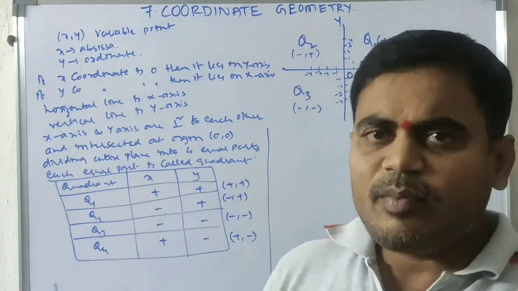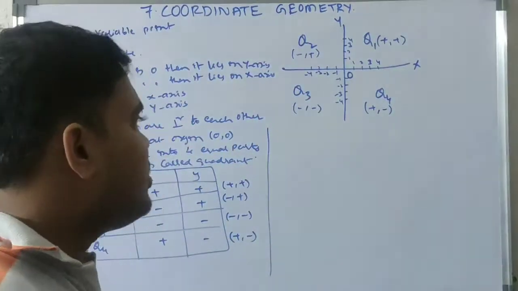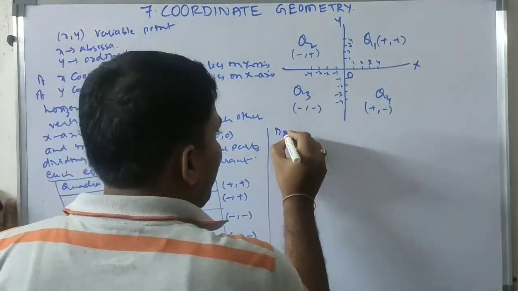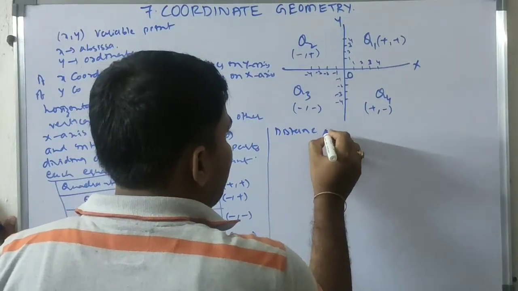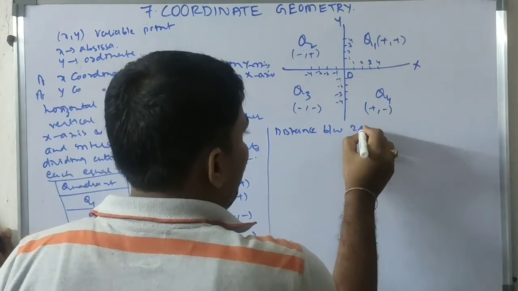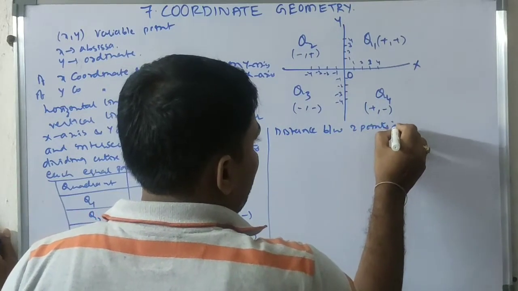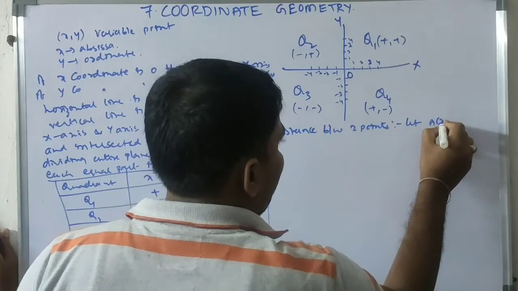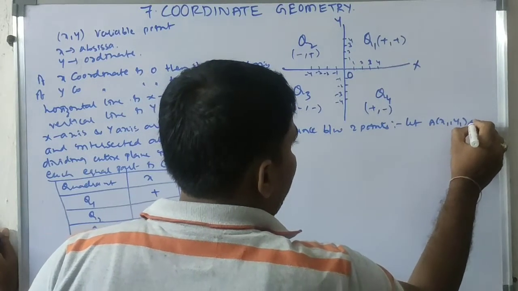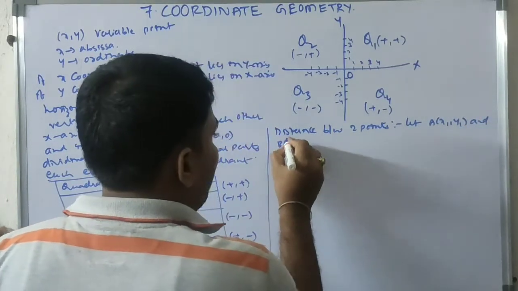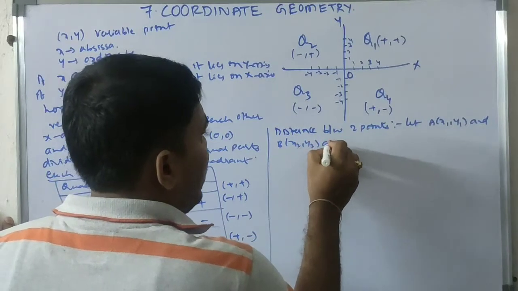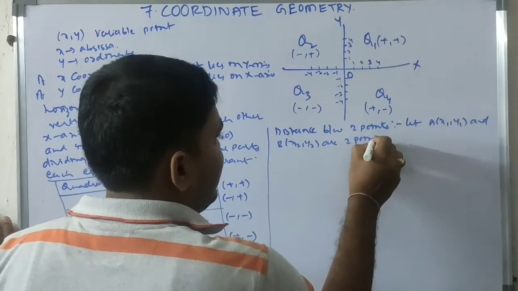Now we are taking two points: distance between two points. Let A (x1, y1) and B (x2, y2) be two points.